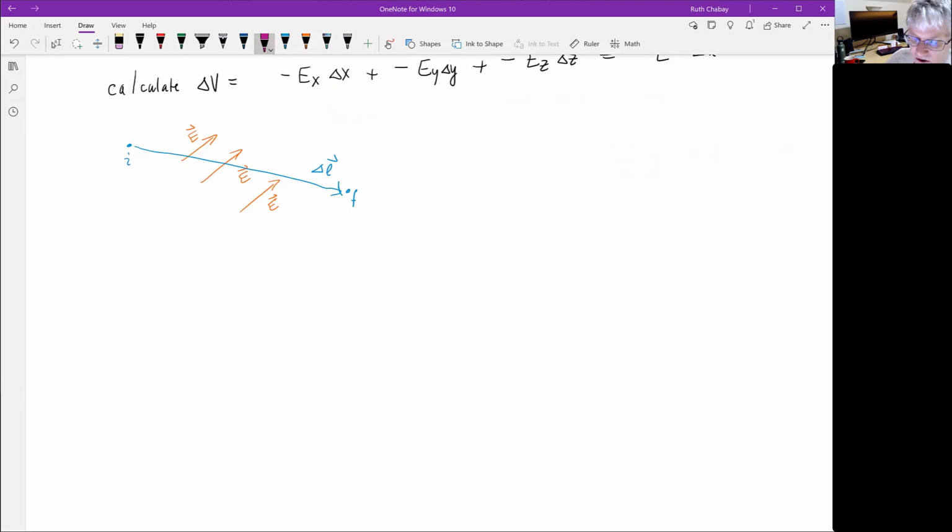So let's just do an example of change in potential and potential energy. We'll take a really simple case where we've got a horizontal field here. Location A is going to be minus 0.400 meters, and location B is going to be 0.200 meters. In this region, we've got an electric field of 500 newtons per coulomb.